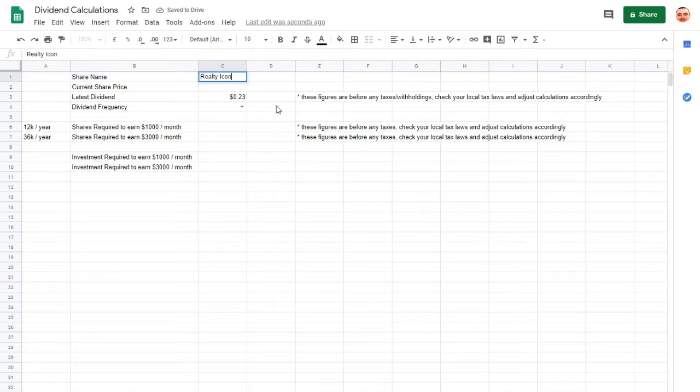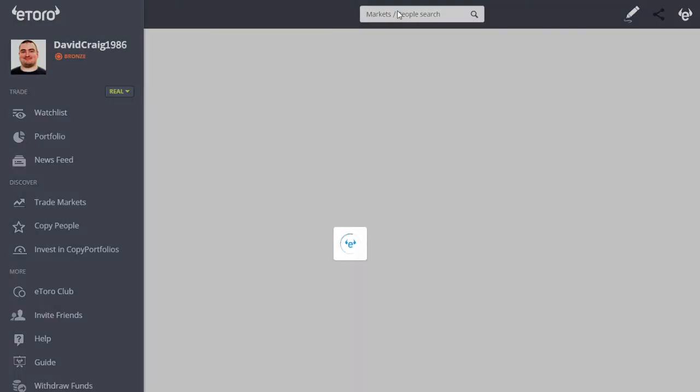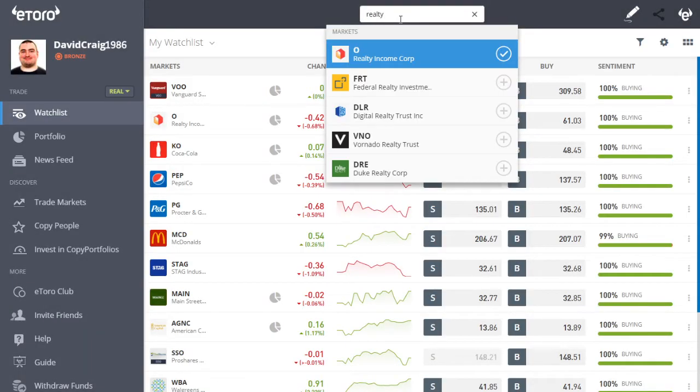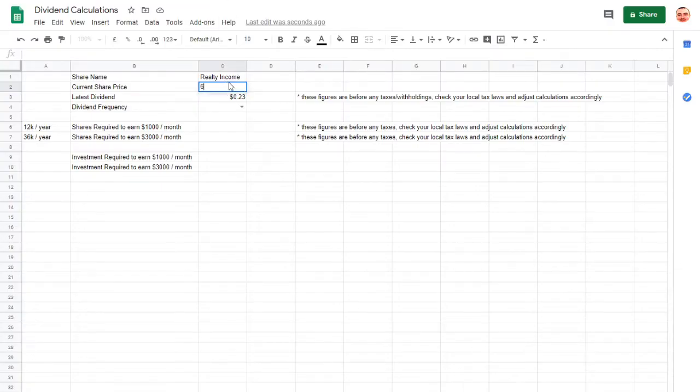Share is Realty Income. And then we also need the current share price, which we can get from any brokerage site such as eToro, and just search for the ticker. So as you can see, the current share price is 61.01. So let's pop that in.